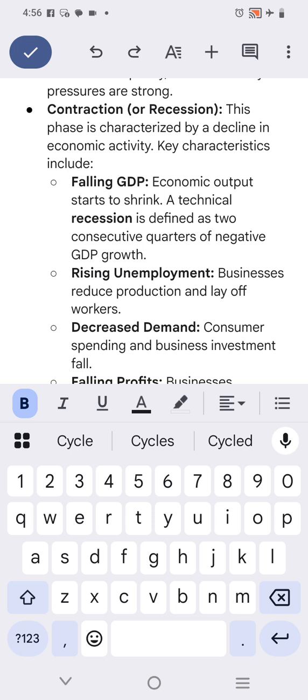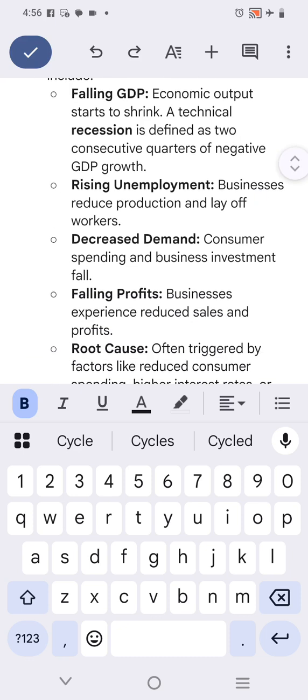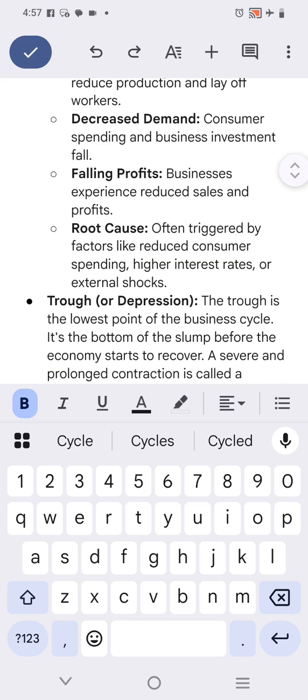Decreased demand: consumer spending and business investment fall. Falling profits: businesses experience reduced sales and profits. Root cause: often triggered by factors like reduced consumer spending, higher interest rates, or external shocks.